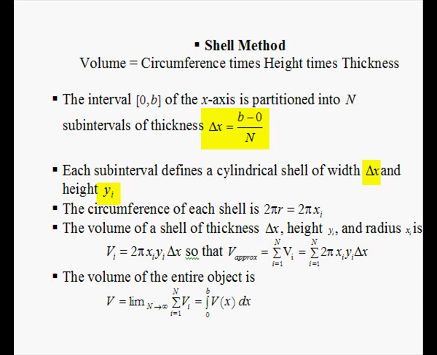The circumference of each shell is 2 pi r, which is 2 pi x. So the volume of the shell is circumference times height times thickness: 2 pi x, circumference, height y, thickness delta x. Then you add up all the little shells and you integrate over them. And that's your shell method. It looks a little more complicated than the others.